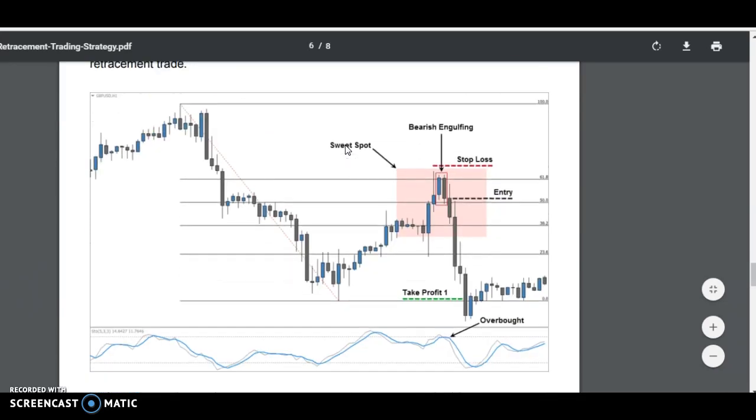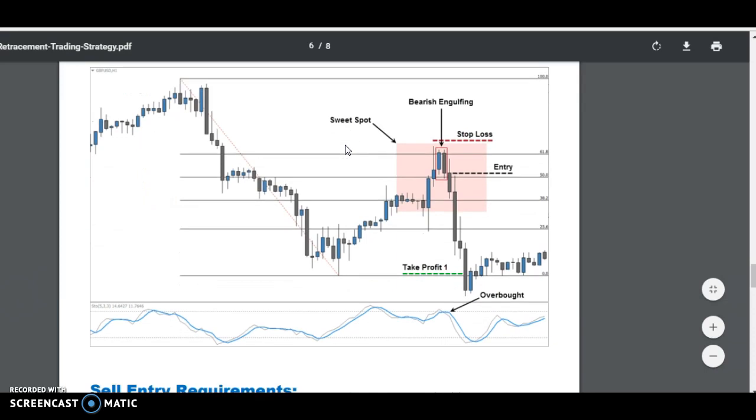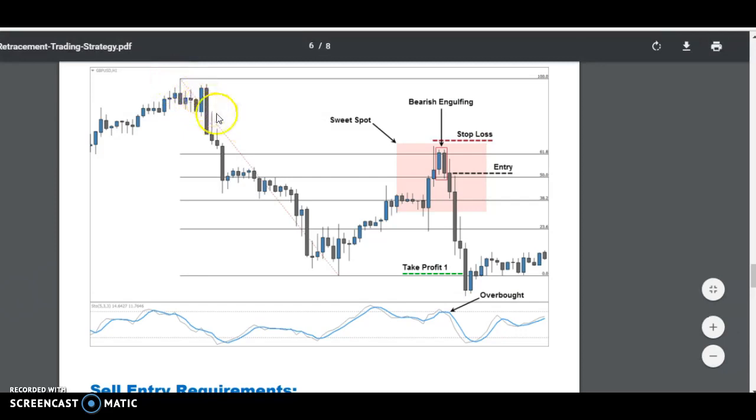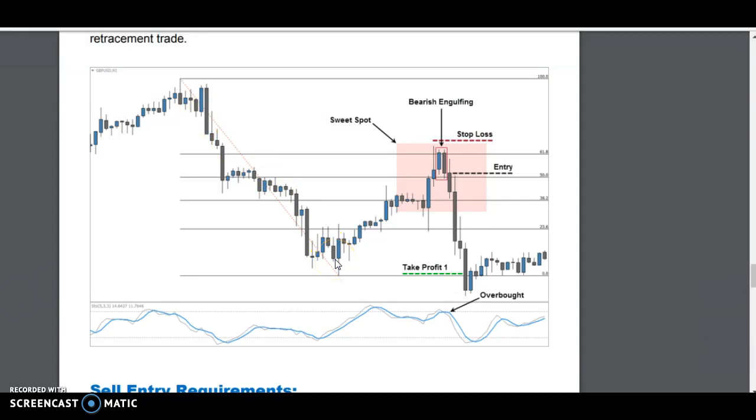On our bearish chart here, we look for a strong swing down or a strong trend in the downward direction, and then we wait for price to retrace between our sweet spot, which is the 61.8 and 38.2.